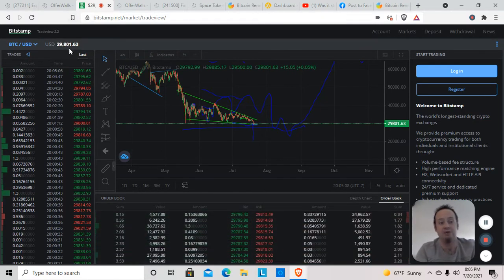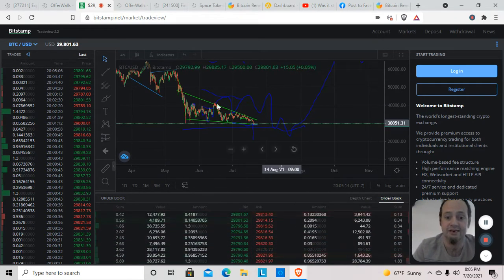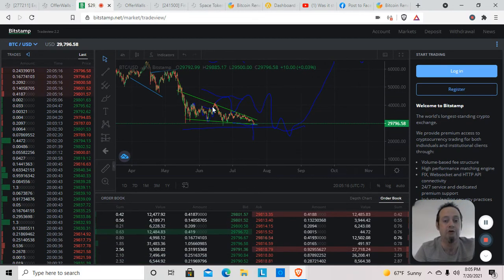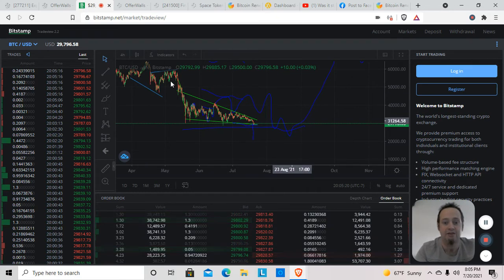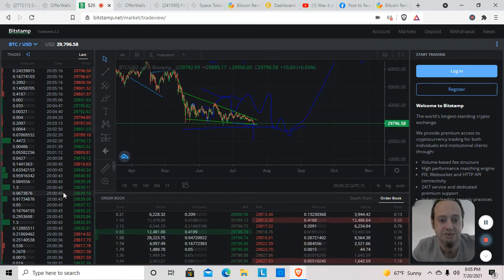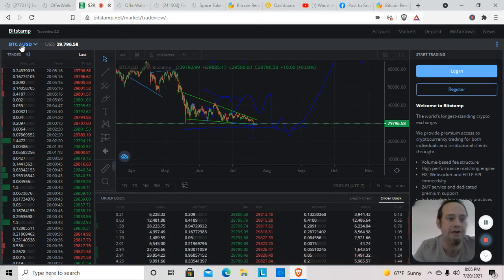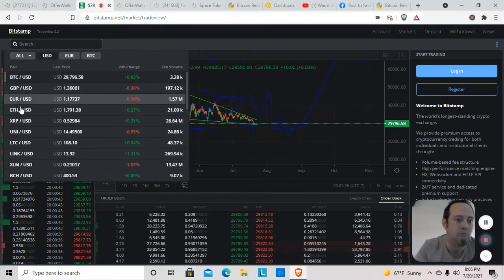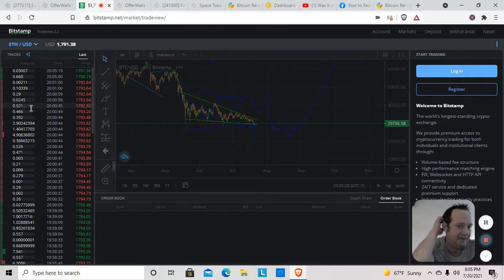So their knockout punch didn't knock us out. We took it right on the chin. It didn't do what it was supposed to do to us. So the Bulls are going to take over now and show the Bears exactly what a knockout punch is. So let's go look at Ethereum real quick, because I'm really excited about Ethereum and the future of it.